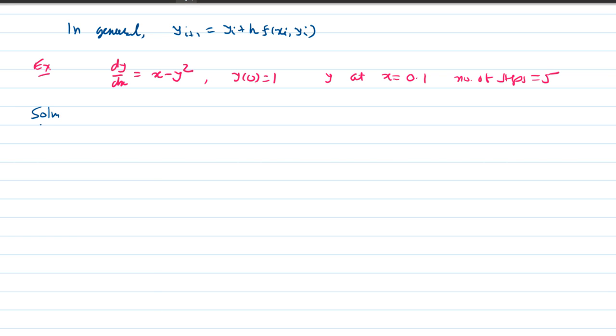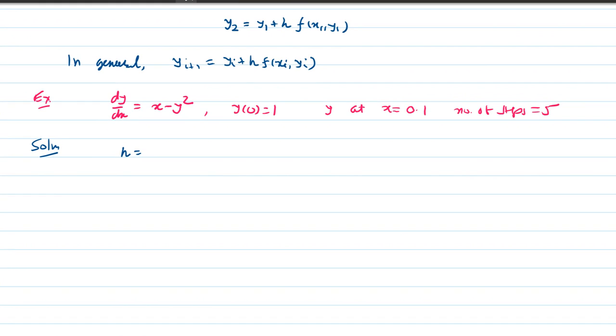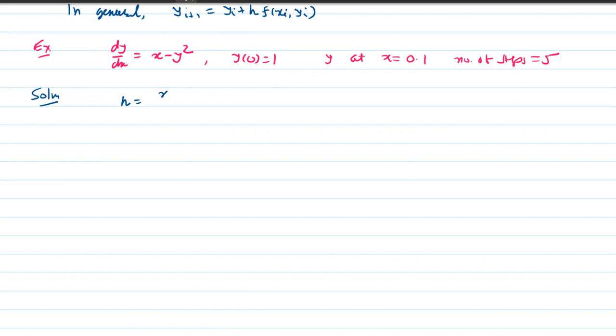In the solution part, of course, we need h first of all. For h, the value you want to find is at 0.1, so it is x minus x0 divided by the number of steps. x is 0.1, x0 is given as 0, so 0.1 minus 0 divided by 5 gives you 0.02. x0 is 0, y0 is 1, and the function f of x comma y is x minus y square.